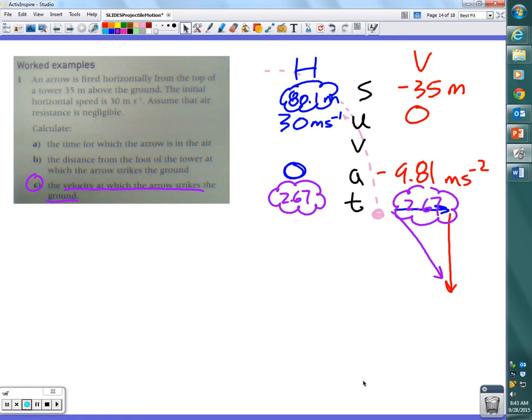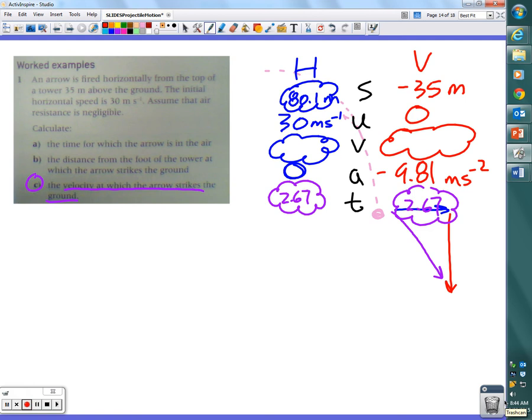All right. So, these two arrows that we got here, right before it hits the ground, are going to be the final velocities. So that means if we're going to calculate the actual final velocity, or the resultant final velocity, we need to know this, and we need to know this. Okay?